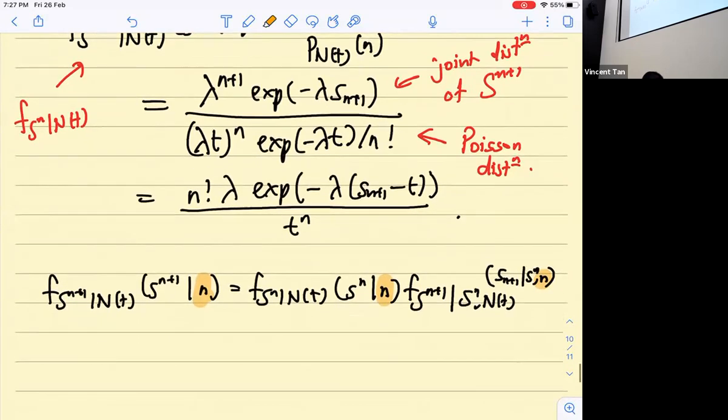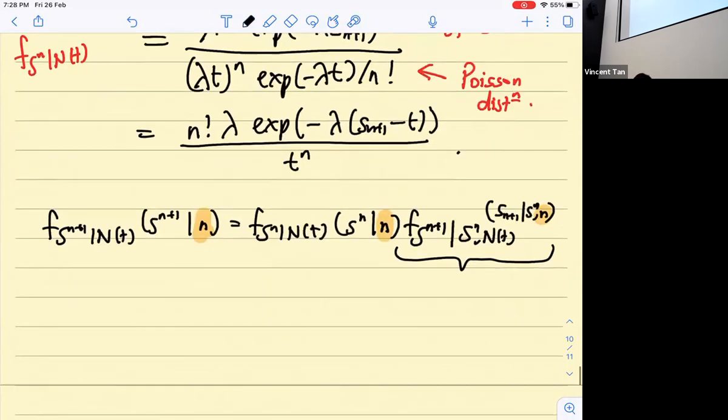Okay, so one of the terms here is easy. All right. So if we look at this guy here, what do we notice? Okay, you draw a picture. You have S_n here, you have S_{n+1}, and you have t here.